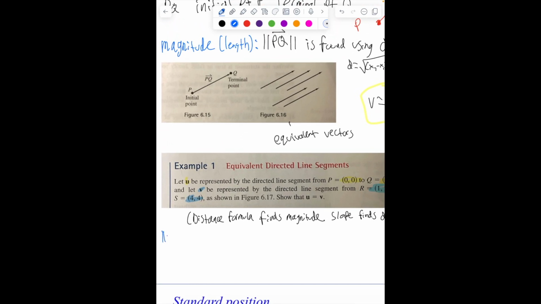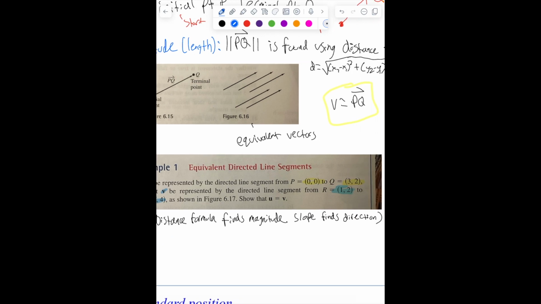We use two lines like this to show the magnitude. I'm using the distance. I like to label, though it doesn't matter as long as you're consistent, x1, y1, x2, y2.